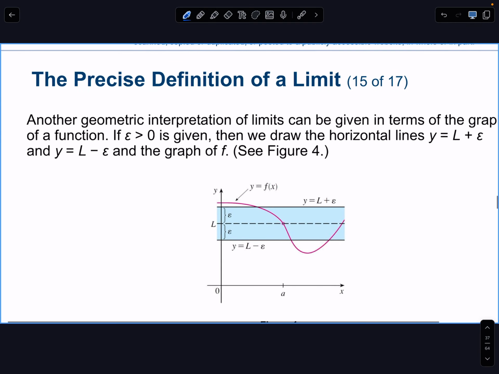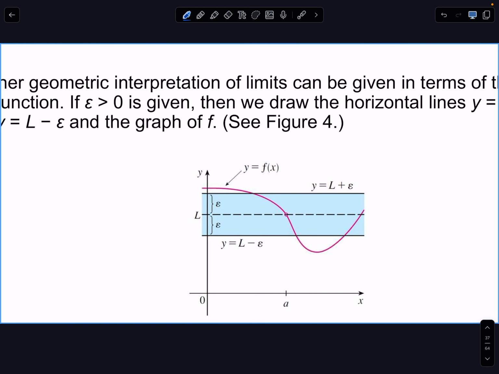And here's back to the XY plane, and another way to picture that.